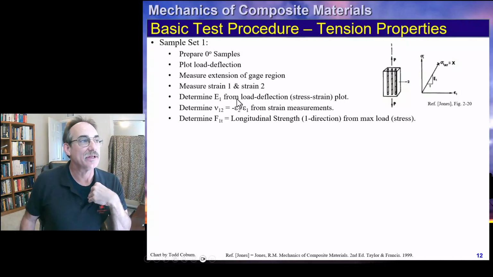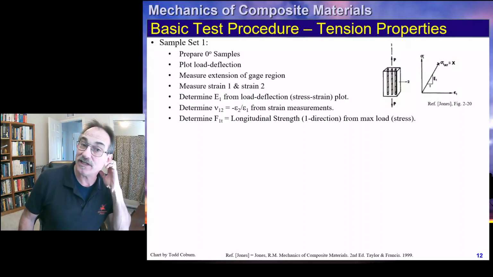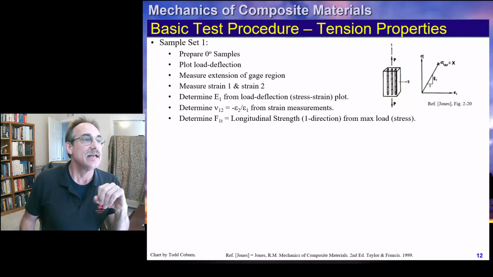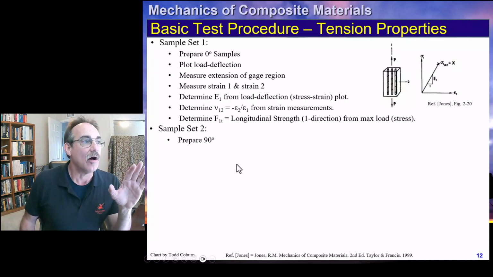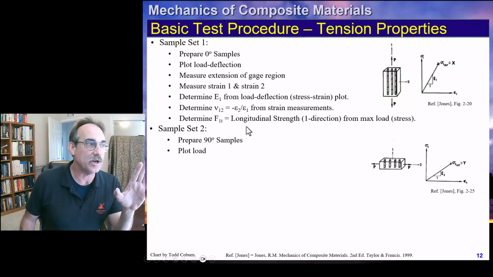We can calculate our E1 from this stress strain curve. We can determine our Poisson's ratio 1:2 as the ratio of those strains, and we can calculate our ultimate tensile strength in the 1 direction.